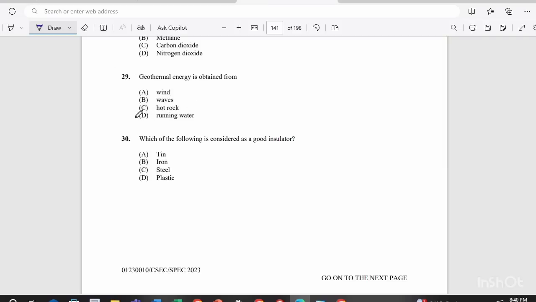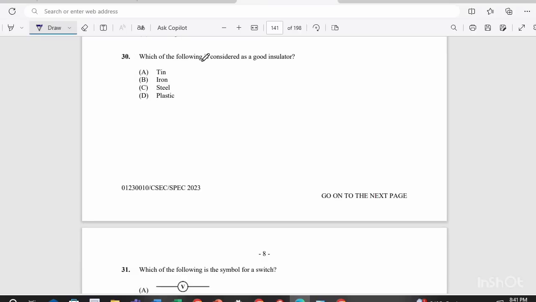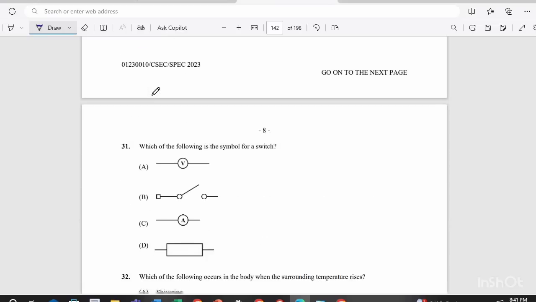The answer there is C, hot rock. Question 30. Which of the following is considered as a good insulator? Is it A, tin, B, iron, C, steel, or D, plastic? If you answered plastic, you are indeed correct.